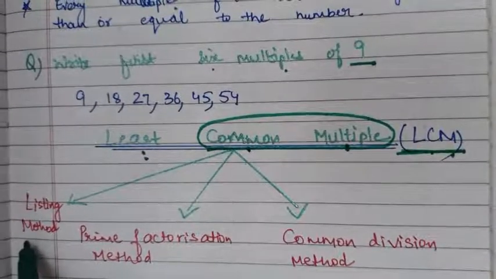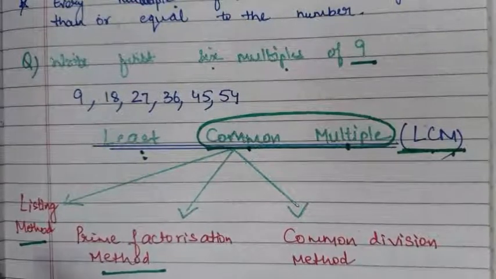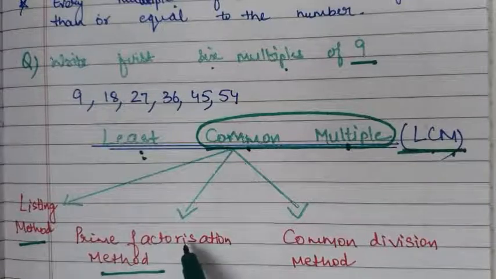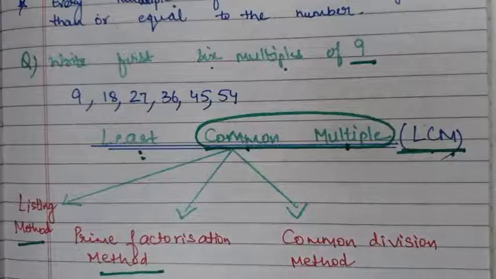There are three methods. The first method is the listing method, then the prime factorization method, then the common division method. So let us continue.